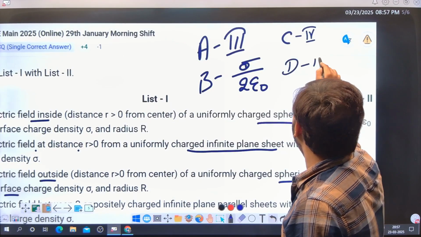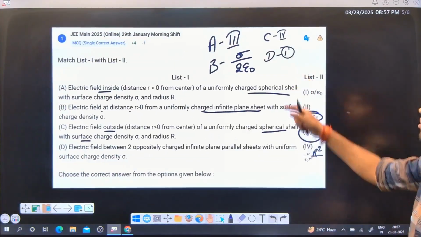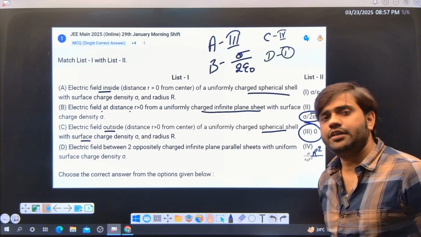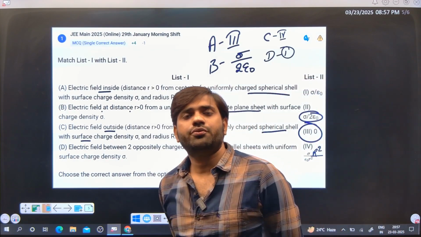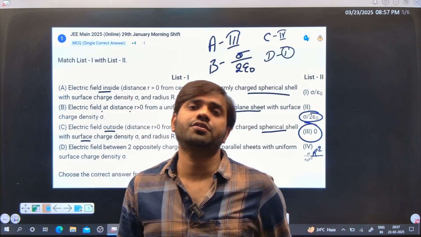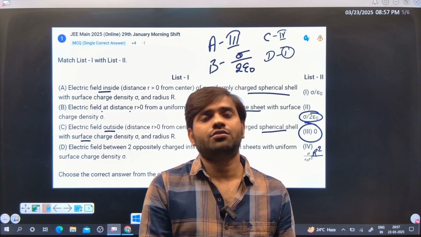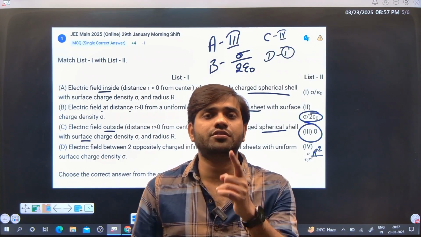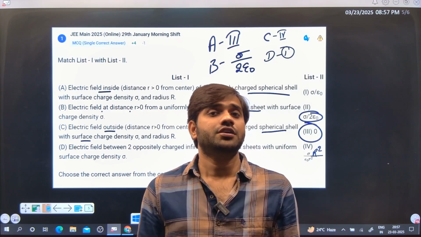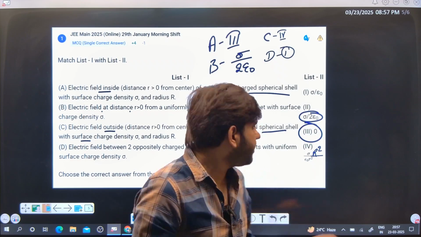All the answers are given. I think you already know why I was explaining Gauss law, because this is very important. One question is worth 4 marks. It is not easy to obtain such marks. You have to learn the basic concepts first, then only will you definitely get to know the answer.